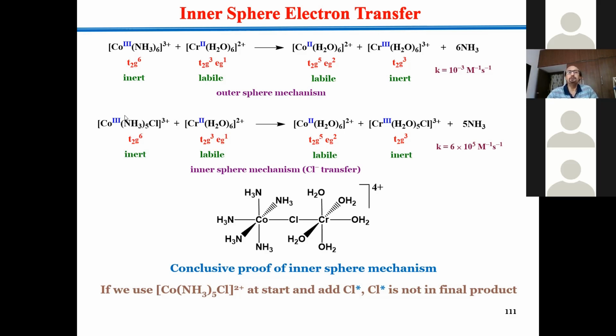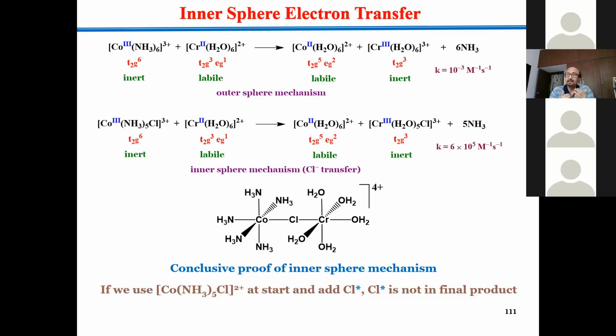Okay, now if you do this reaction over here, you look at first the rate. The rate is 10 to the power 5, and this is more or less a similar reaction, right? Except for one amine, you have taken the chloride, and the rate has increased from 10 to the power minus 3 to 10 to the power 5, and that gives the immediate impression that it must have been following the inner sphere mechanism. Okay, now you have to first justify it, then prove it.